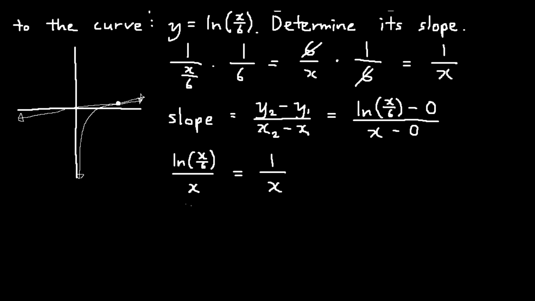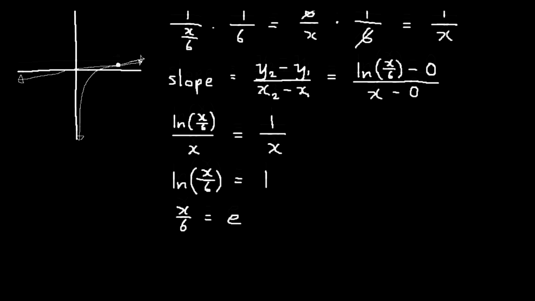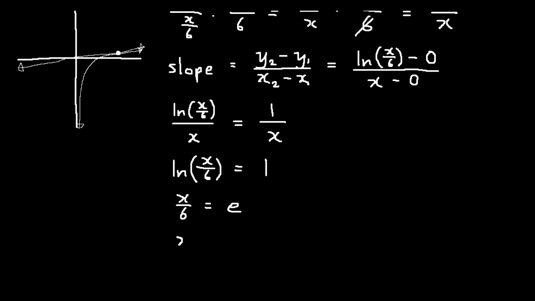Multiply both sides by x. So x equals 6e.